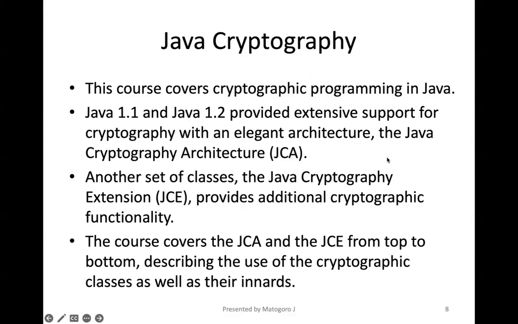And I know Java has gone through a number of developments. We started with Java 1.1 and Java 1.2, which provided extensive support for cryptography with an elegant architecture, what we call the Java Cryptography Architecture, JCA. Another set of classes is what we call the Java Cryptography Extension, JCE, which provides additional cryptographic functionalities.